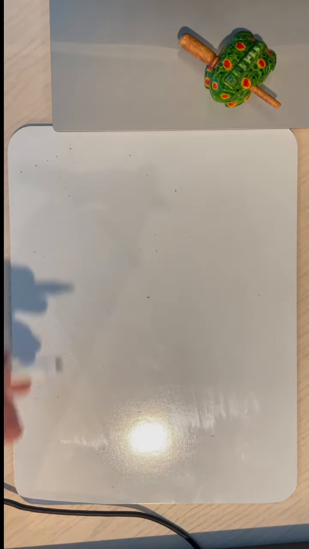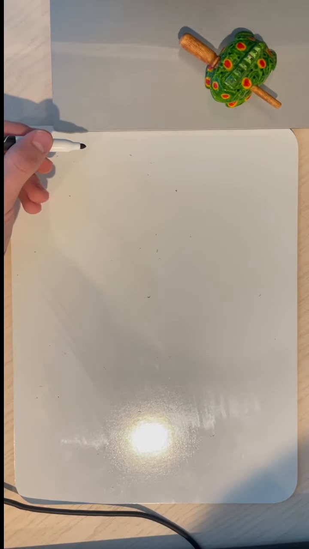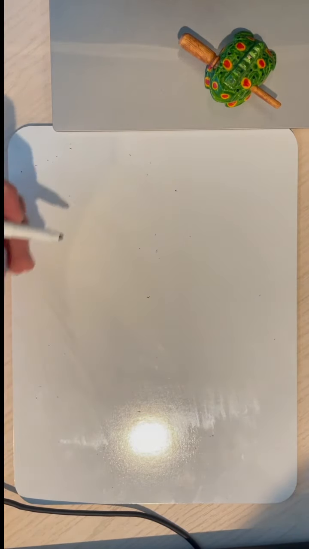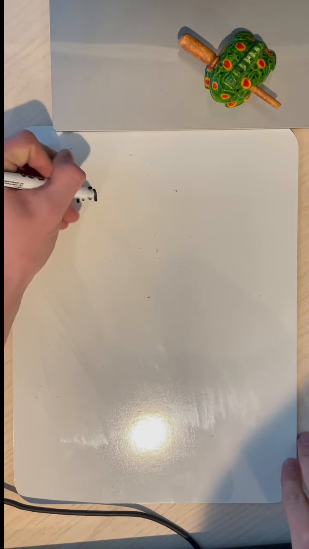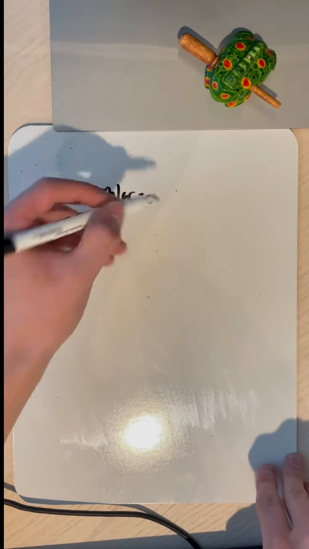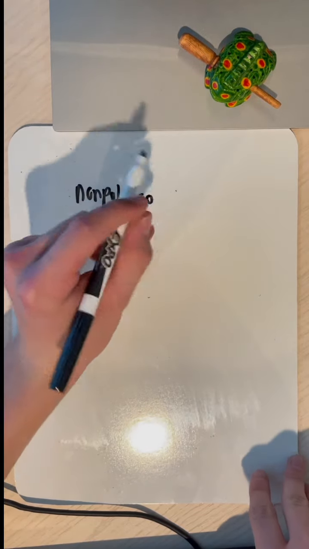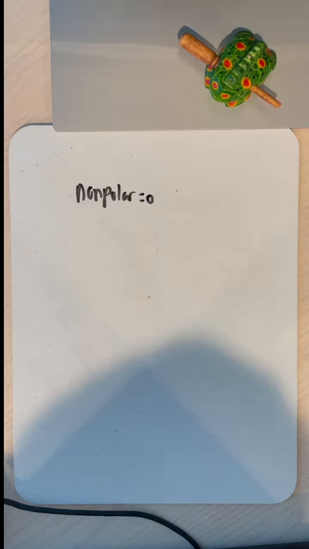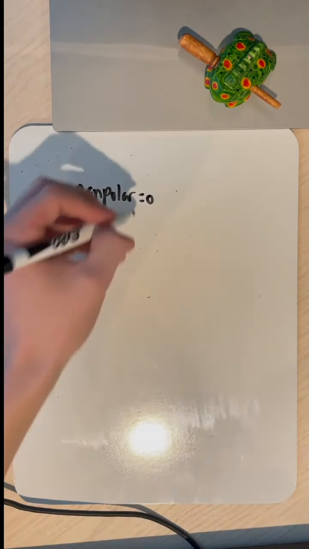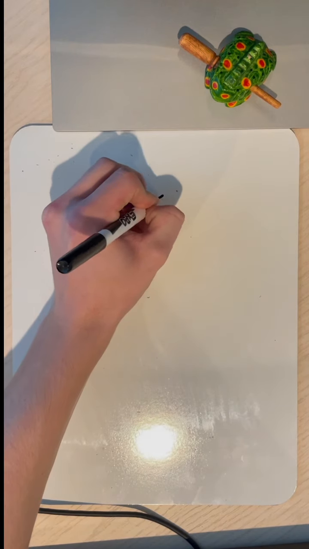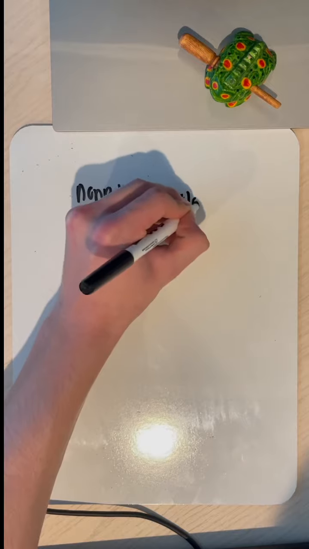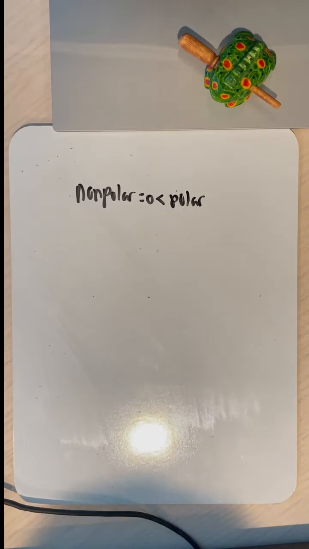First off, if you know the electronegativity values, a non-polar value is going to be 0. So let's say we have a negative 1.7 and then just 1.7, that's going to be 0. Anything greater than that in a certain range is going to be a polar covalent bond.